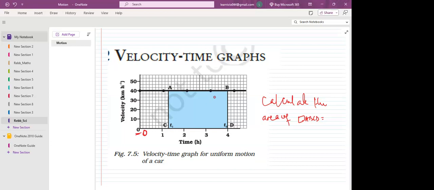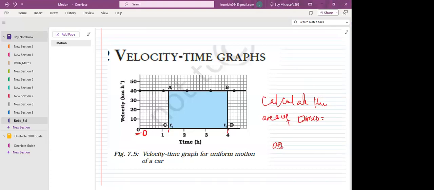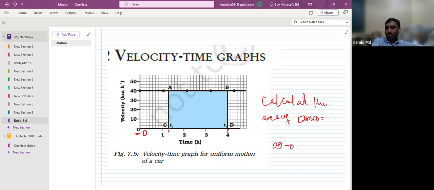The distance between these two points will be simply OD, the Pythagoras theorem we use, OD minus OC. If we want to calculate the CD, we will calculate OD minus OC, and we will get CD.